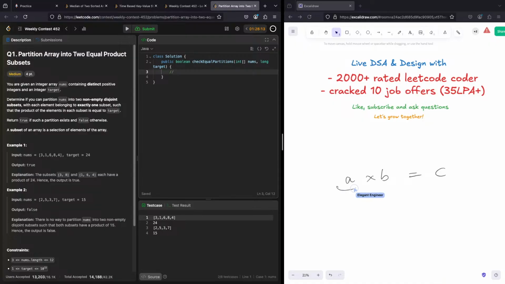So let's say this is the product one and this is the product two. So this also should be 24, this also should be 24, right? If you multiply whole elements, it should be 24 into 24. That's the first thing, right?